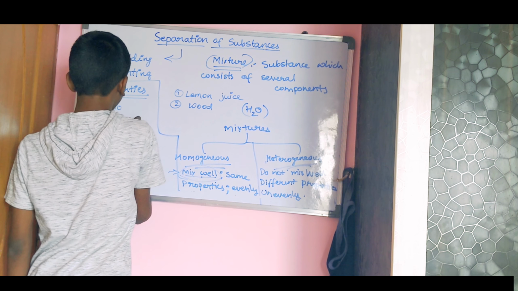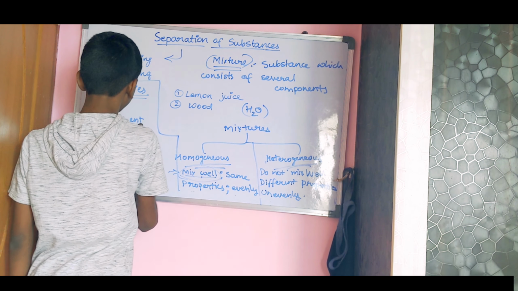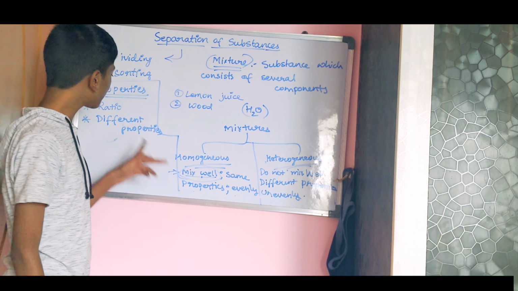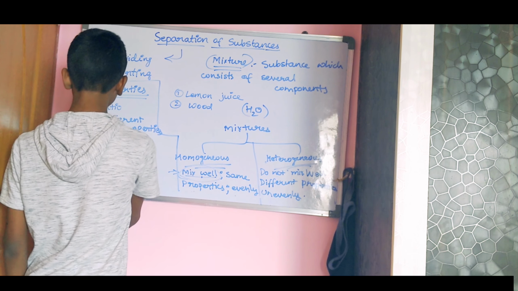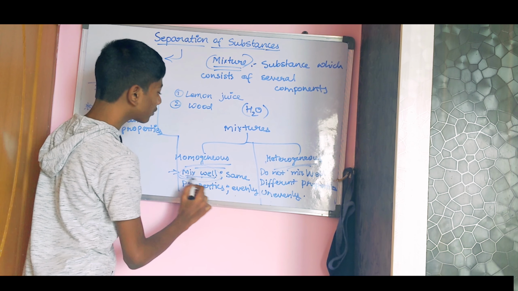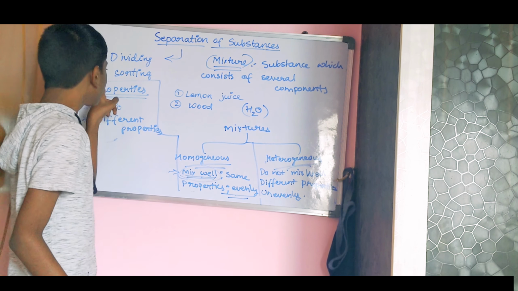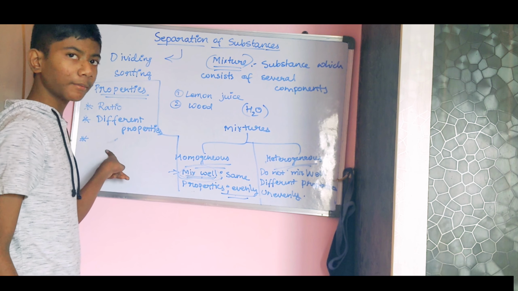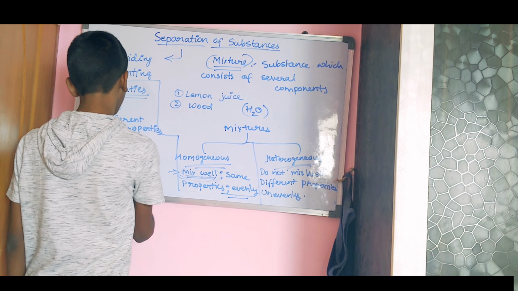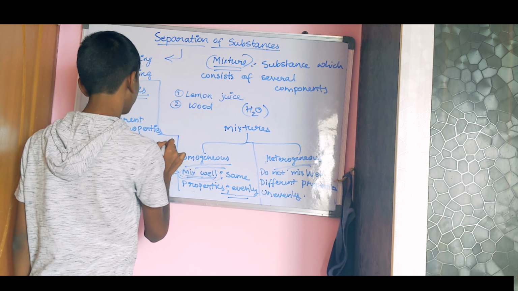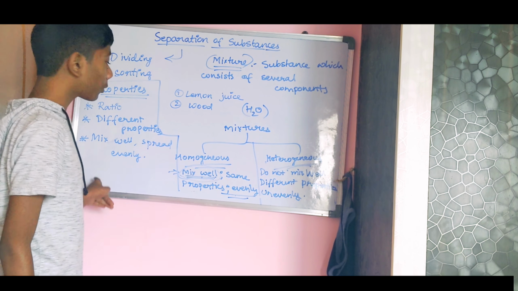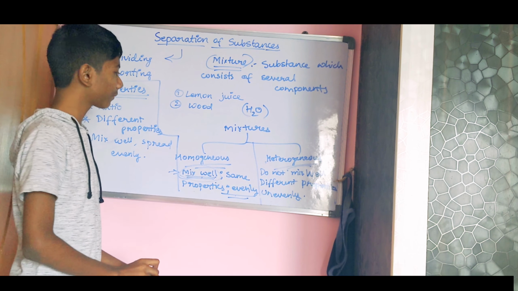They retain their individual properties or different properties. And last one is, as I said, in homogeneous mixture, they mix well and spread evenly. That is one of the properties of mixtures. So that is about properties of mixture.